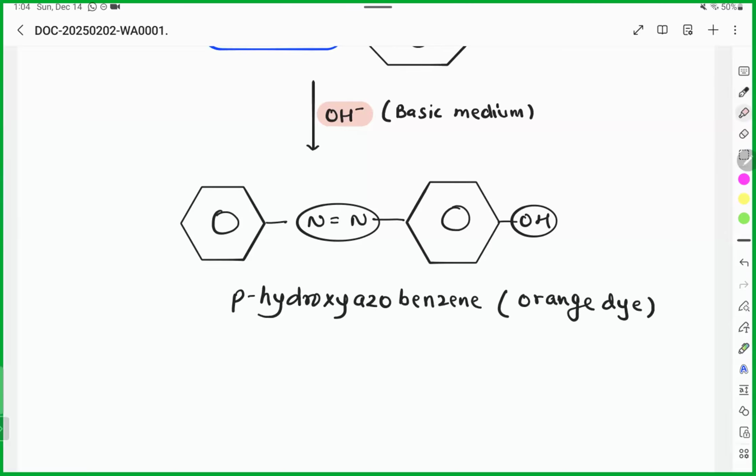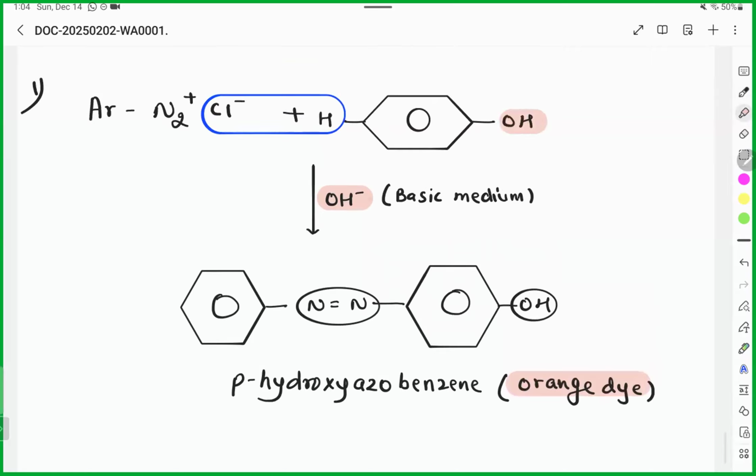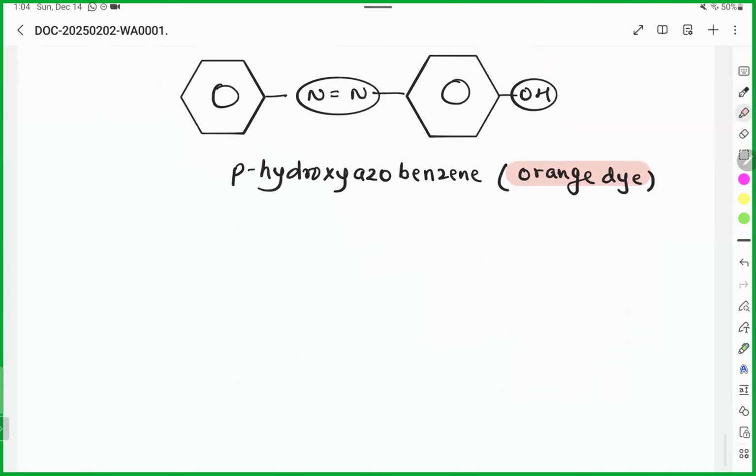Okay, so this is important. O means phenol, reacts in O, basic medium, and color is also O. Orange. Any doubt, guys? No, sir.